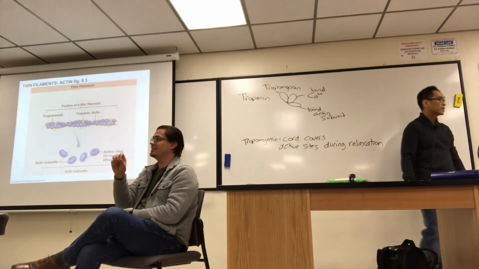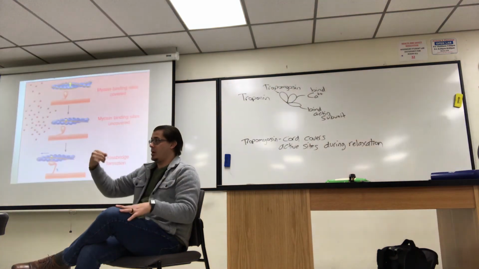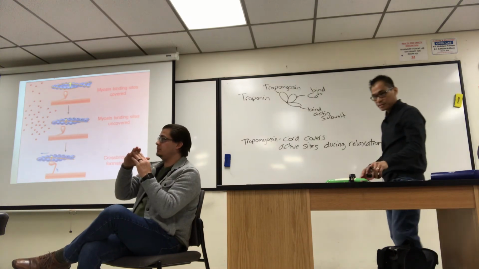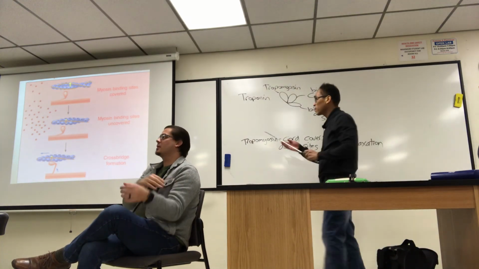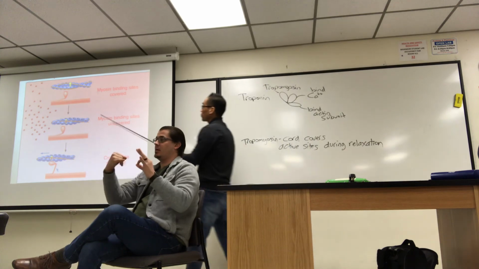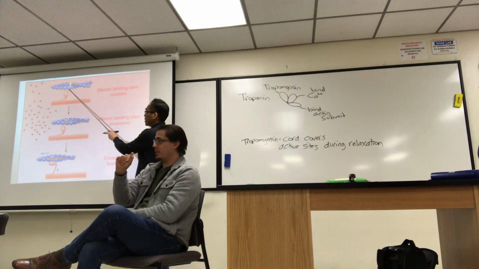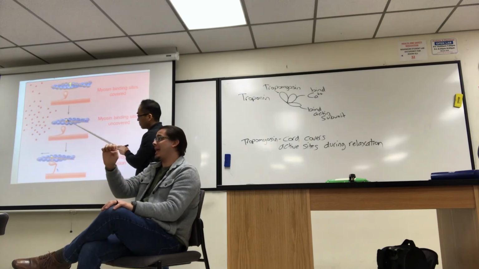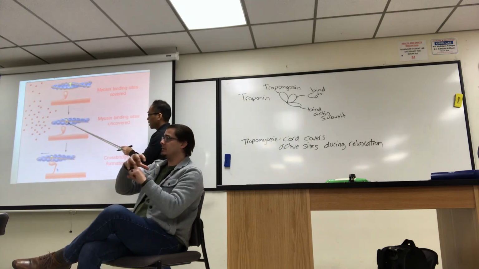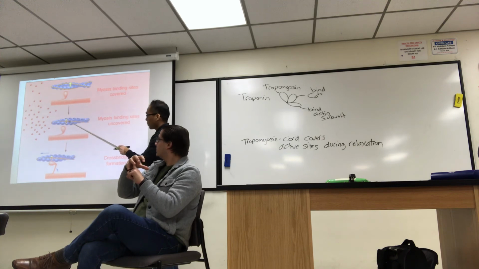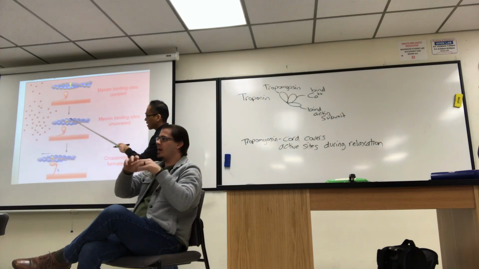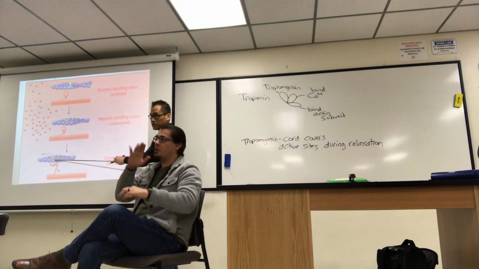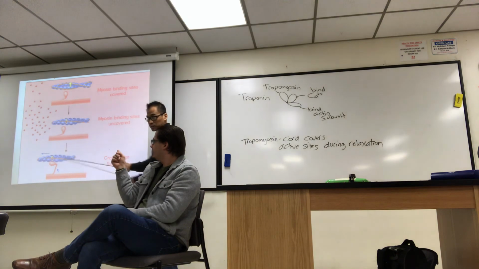So what happens is, look at the top frame. Muscle is relaxed. The active sites are covered. No calcium. But let's say you get calcium release from the terminal cisternae. See how they illustrate the calcium binding? When calcium binds the troponin, it moves the tropomyosin in a way that uncovers the active site. As soon as the active site is uncovered, you'll get a cross bridge formation, and you can get muscle contraction.